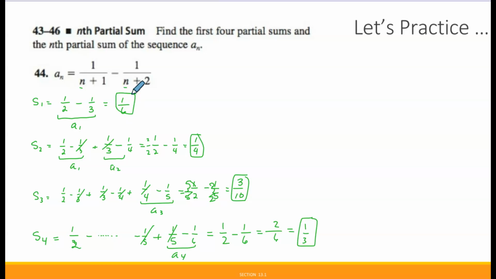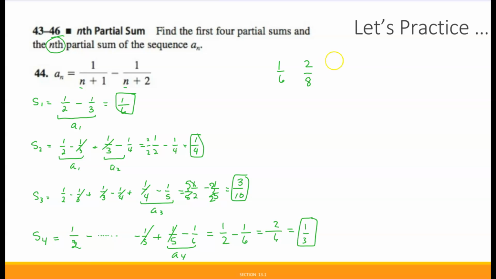Okay, now it wants us to find the nth partial sum. Is there a formula that I can use to work with all of these? Let's see if there is. S1 was 1/6. S2 was 1/4, which is also 2 over 8.